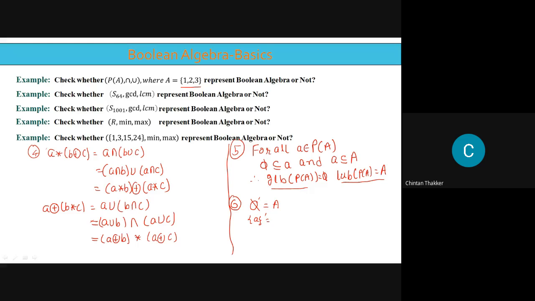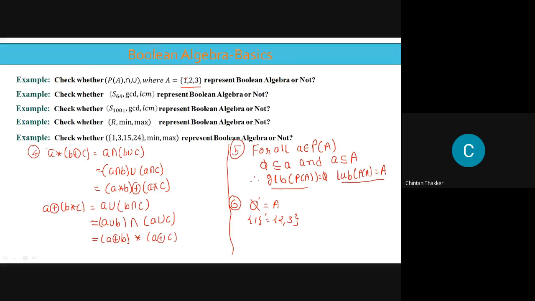So sorry, here we have 1, 2, 3. So singleton 1. Now the elements remaining are 2 and 3. We take here 2 and 3. Now see, singleton 1 and the two terms 2 and 3 have an intersection of phi and a union of A. So both are complements of each other.